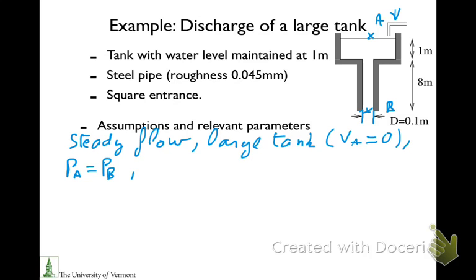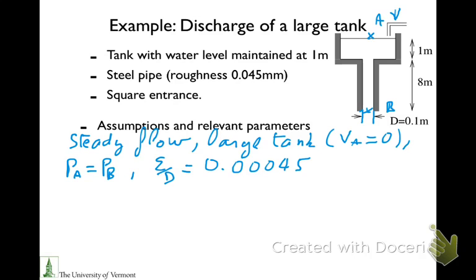Okay, so what else? Roughness, epsilon over d. We're going to need that parameter, and that's 0.0045. So let's remember this.